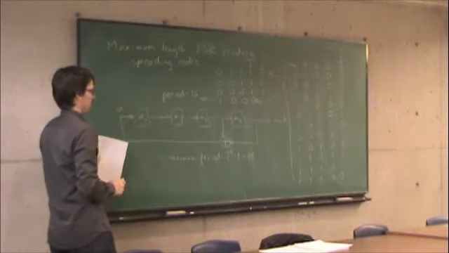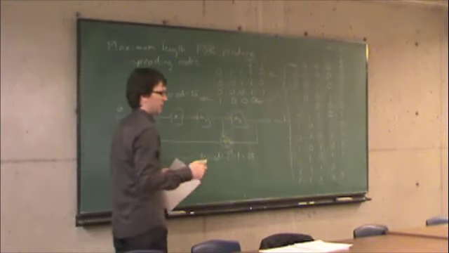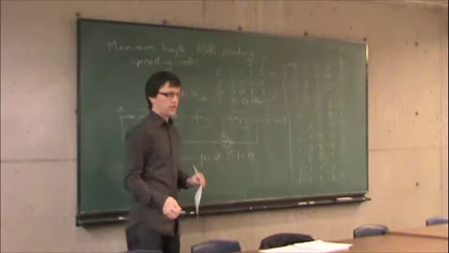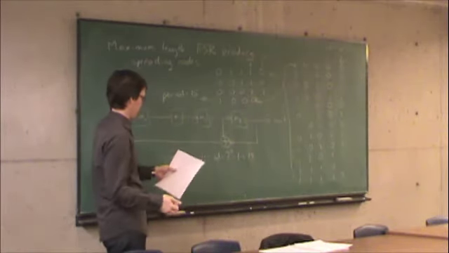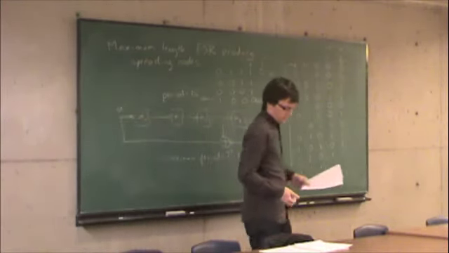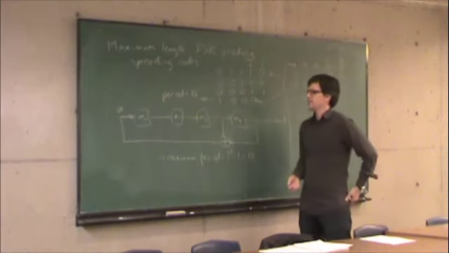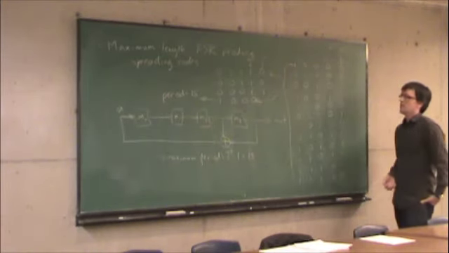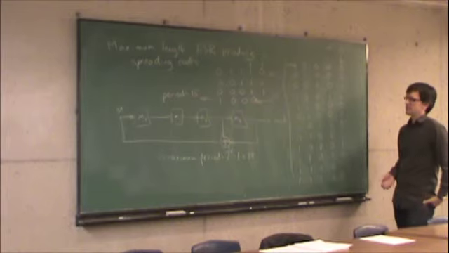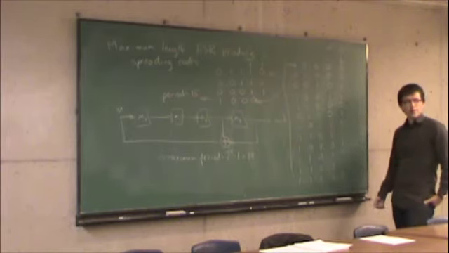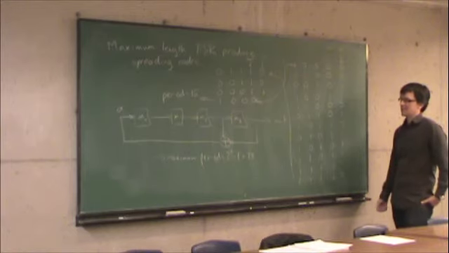Not all connections are maximum length shift registers. Actually, very few of them are. It's just that I'm showing you the examples that are. So basically the idea is maximum length sequences very nicely mimic random binary strings. We talked about some of the properties last time.